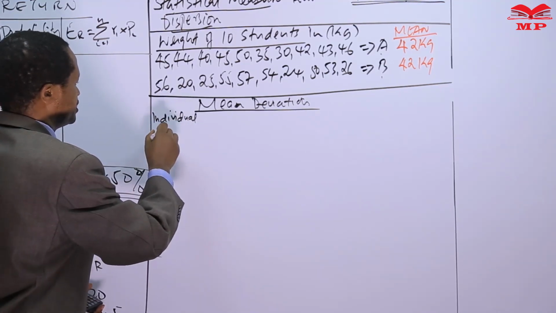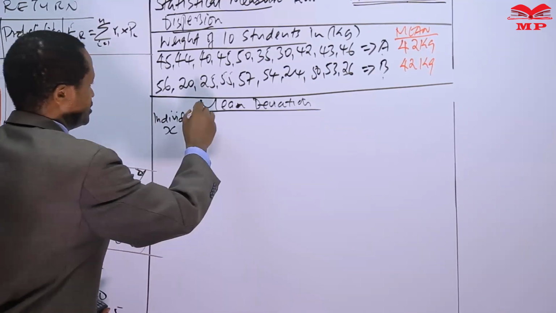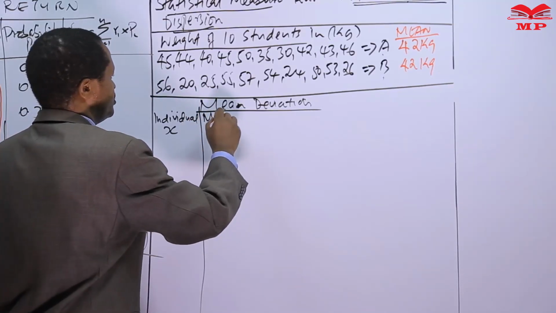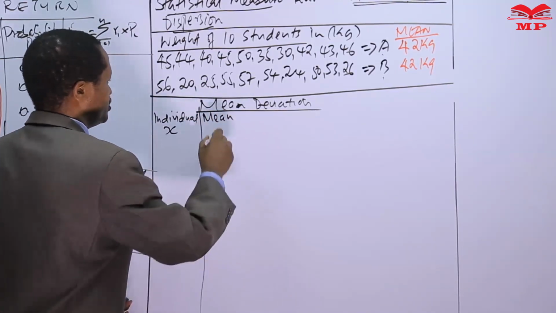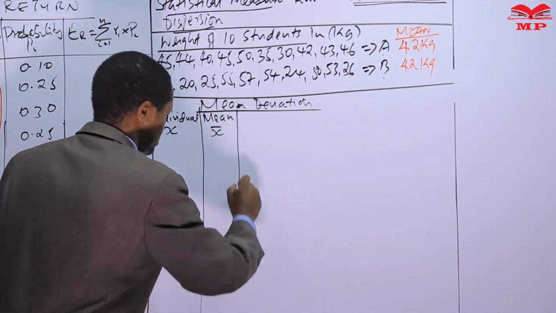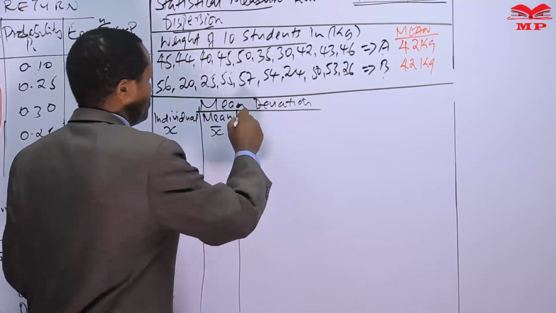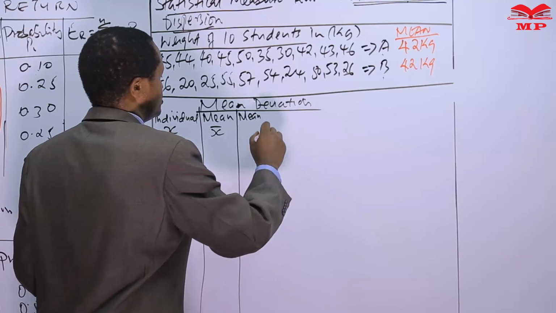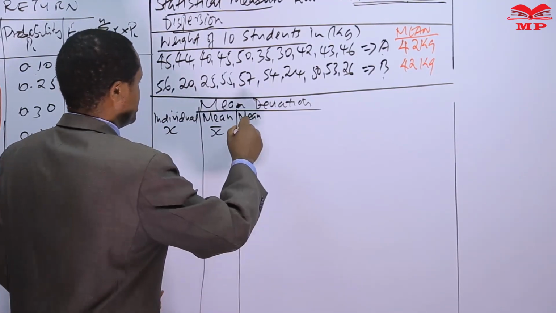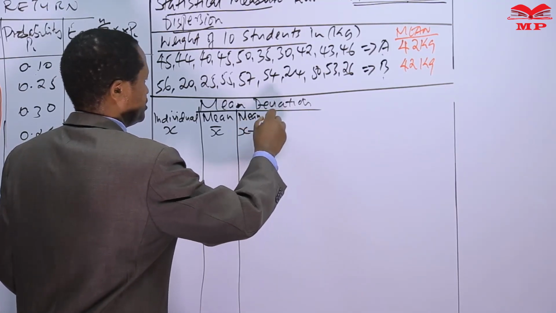You can call that X. Then you can have the mean, which you have determined to be 42, X bar. Then you can have the deviation, which is X minus X bar.